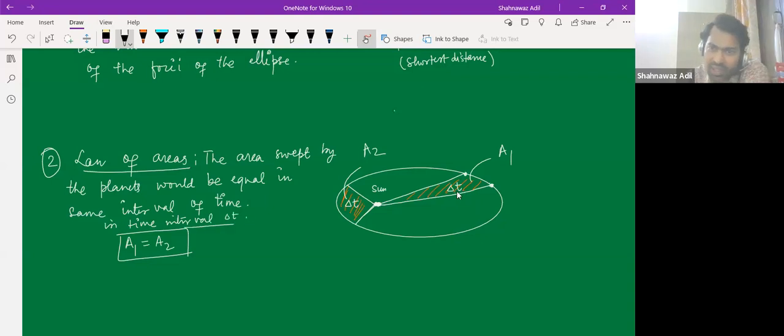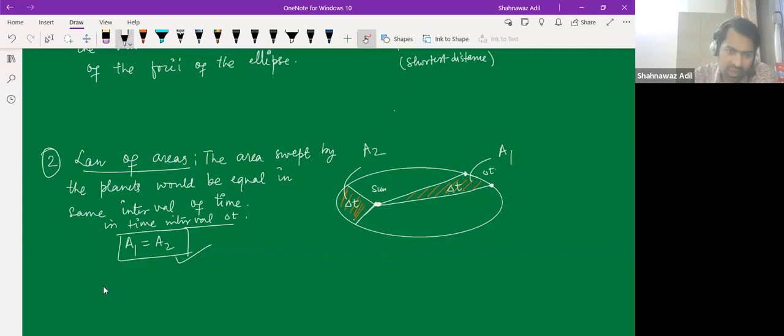If I have a different time interval, then these areas could be different. But in an equal interval of time, from here to here the Earth reaches in delta t time, and from here to here the Earth reaches in delta t time. So both times are the same, then these areas would be equal. That is the law of areas.